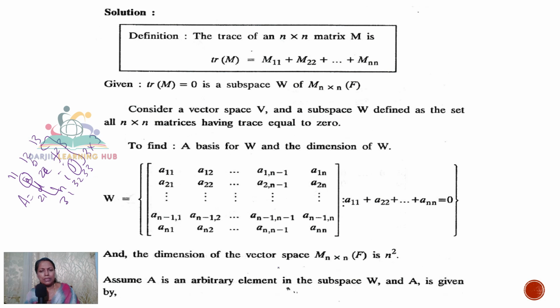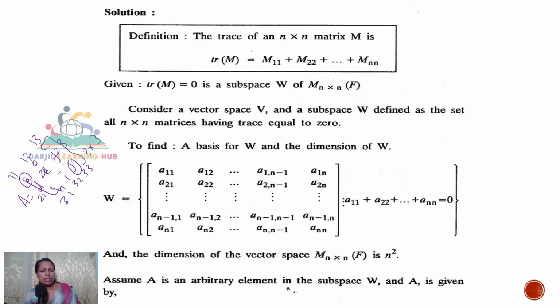Consider a vector space V and a subspace W defined as the set of all n by n matrices having trace equal to 0. So we shall find the basis for W and the dimension of W. This is our question. So considering this vector space with the traces, we will find its basis and the dimension.